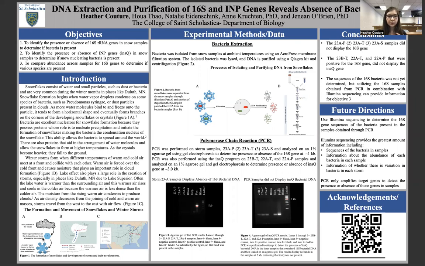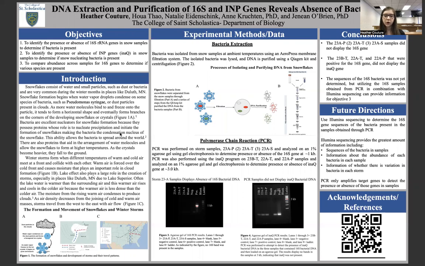So a little background information: bacteria is everywhere. It's in the air, it's on the ground, it's up in the clouds, in the sky, and in snowflake particles. Snowflakes can consist of water and small particles, such as dust or bacteria.